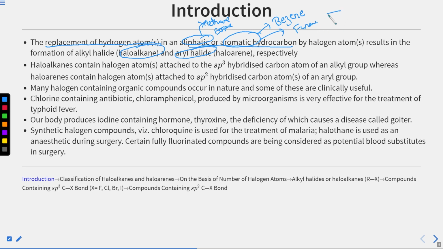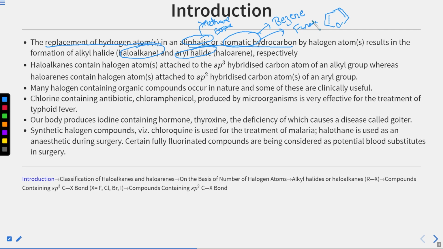Furan looks like this. It is also an aromatic compound, a heterocyclic aromatic compound. You must have heard this word if you have studied biomolecules. I think it comes later on in class 12 only. So you will study the furan structure there.